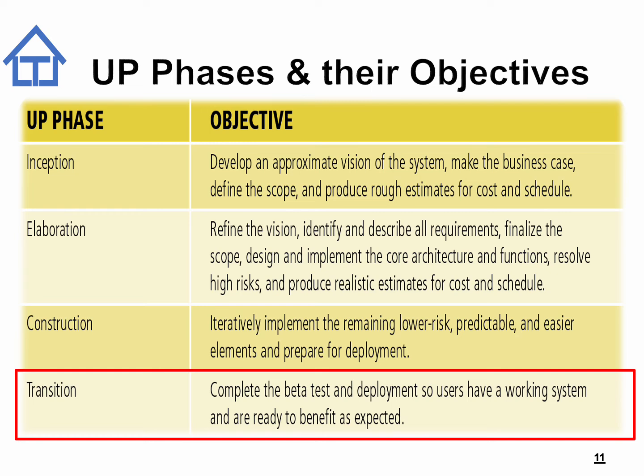And finally, the transition phase. The objective of the transition phase is to complete the beta test and deployment, so users have a working system and are ready to benefit as expected. The transition phase is similar to the support phase in the software development lifecycle.